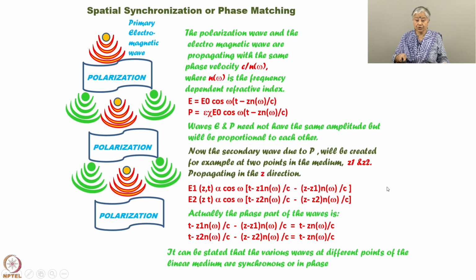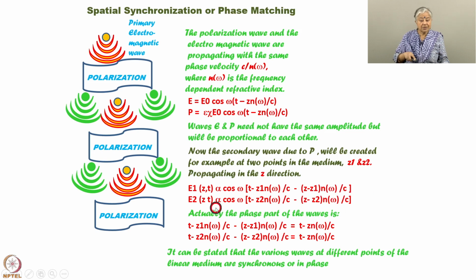So, the distance it is going to travel is Z minus Z1. The final destination is Z. You have started off at the point Z1. So, I have this term also in the argument. And of course, it is modified by the refractive index.